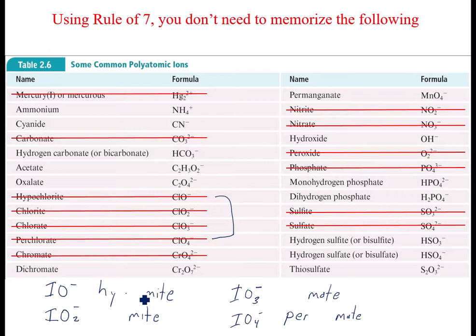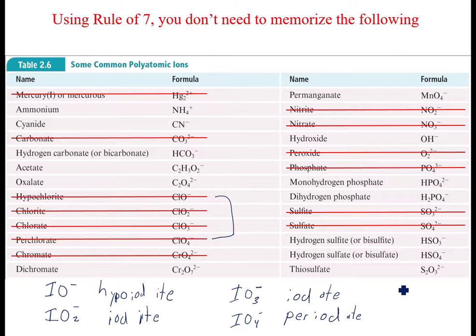And you notice this one I erased more than I should have. It's hypoiodite. Oops, I should have erased the minus too. Okay. IO2 minus is simply iodite. IO3 minus is iodate. And IO4 minus is periodate.